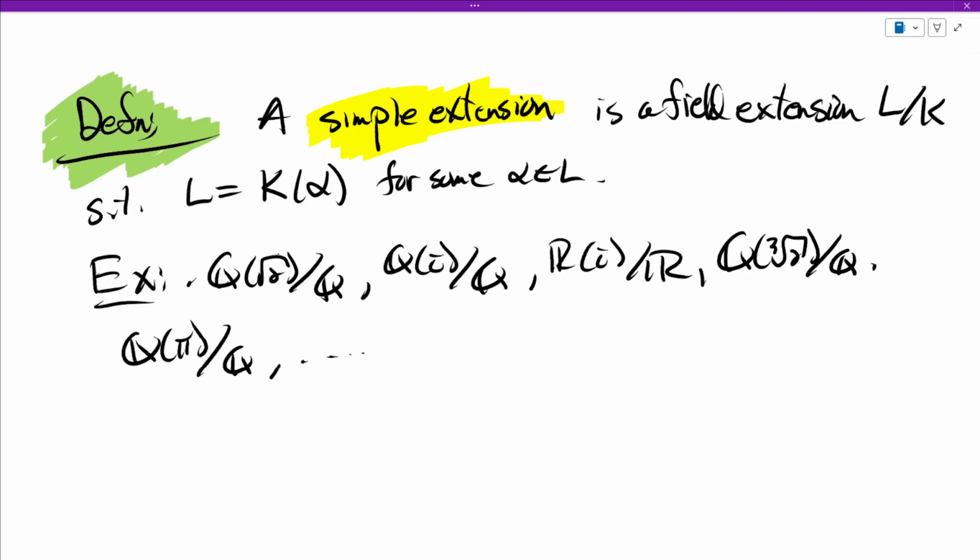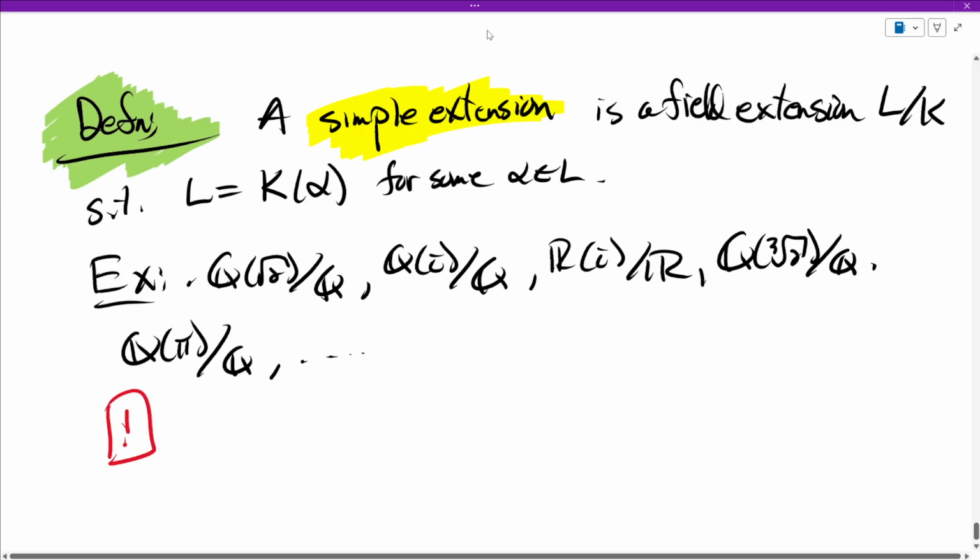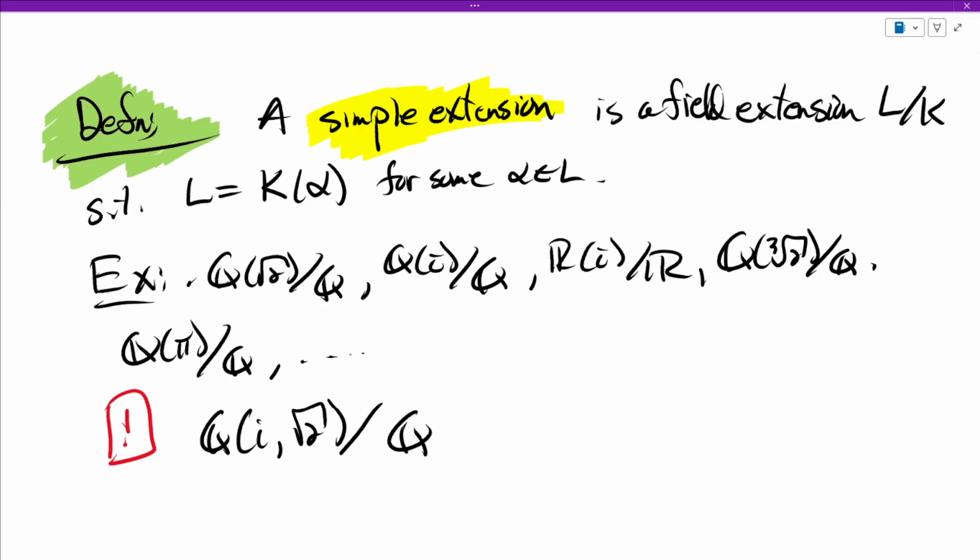Okay, great. Now, caution. Let's look at this extension that we've been dealing with in this chapter, Q adjoin i and root 2 over Q. Now you might look at that and you might say, hey, that's not simple. You add in 2 numbers to Q. 2 is not 1, at least not in a world that I want to live in.